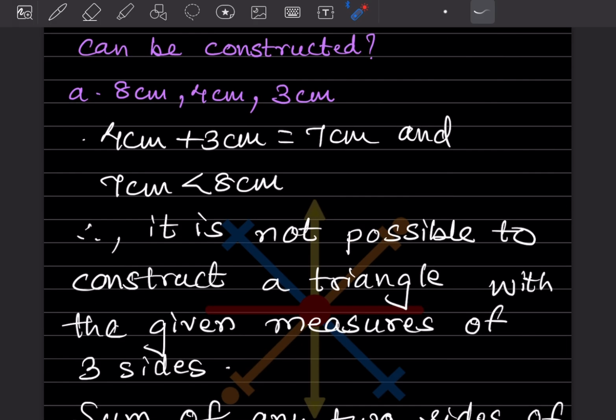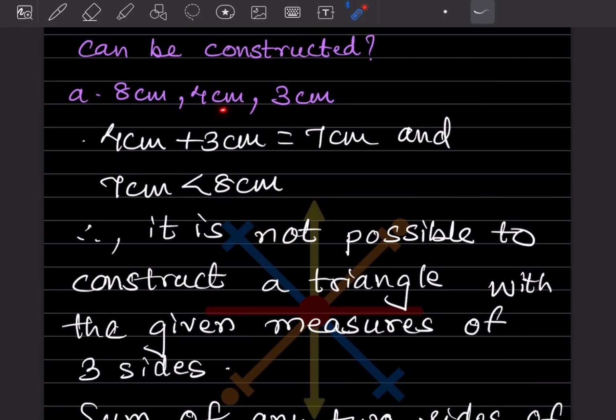But in this case, 4 plus 3 is not greater. So whatever measurement you take, either this first or this or this one, in all three it should be greater.